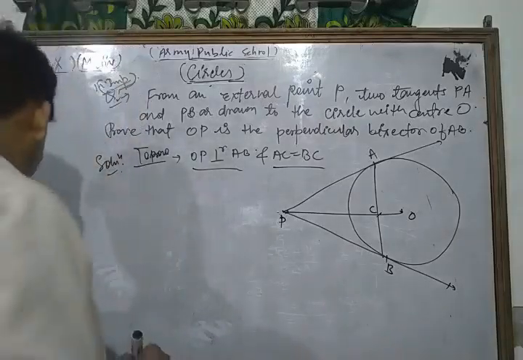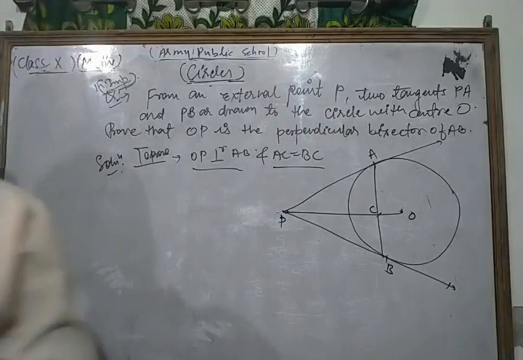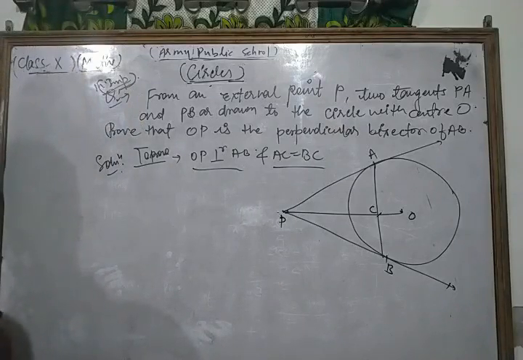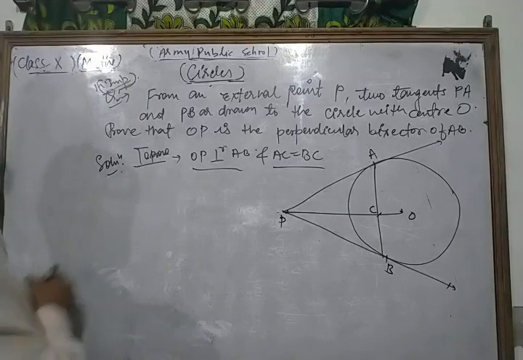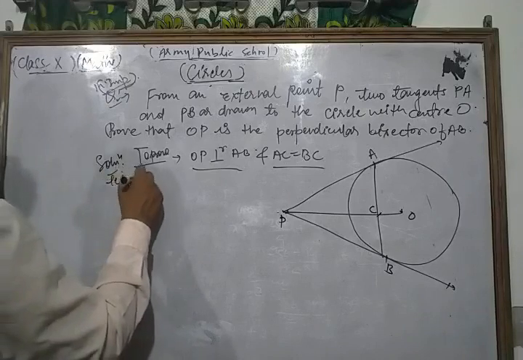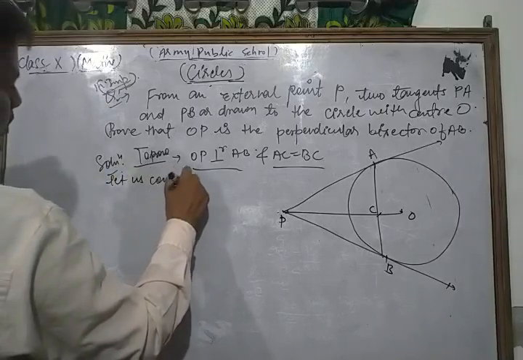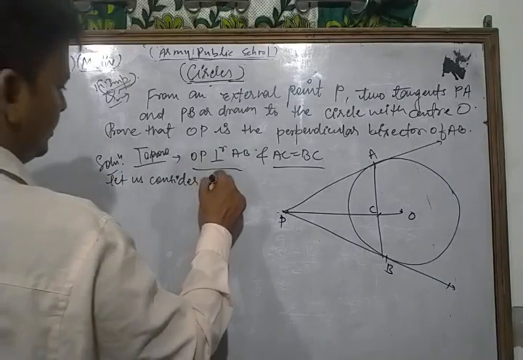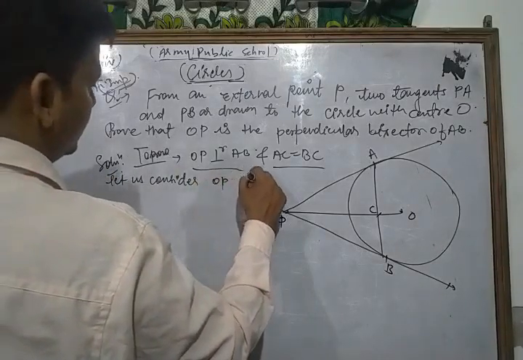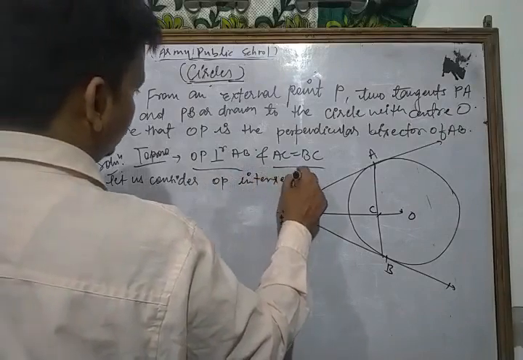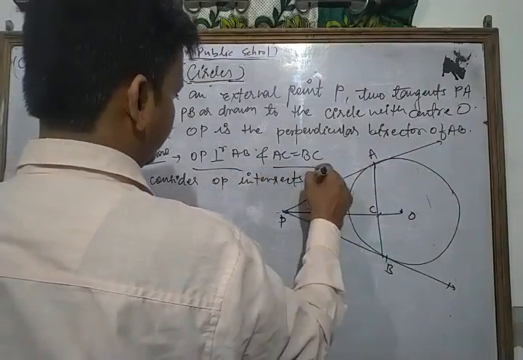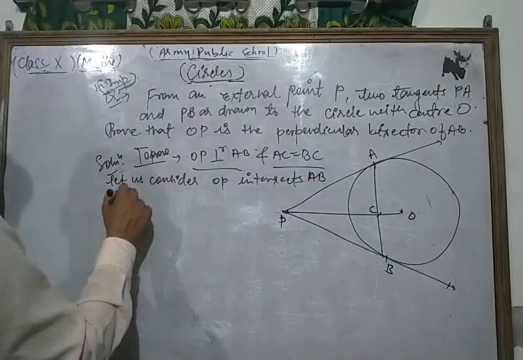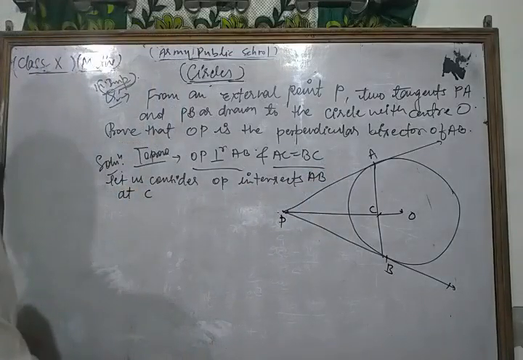Now let's see its solution. So first of all, let us consider that OP intersects AB at point C.